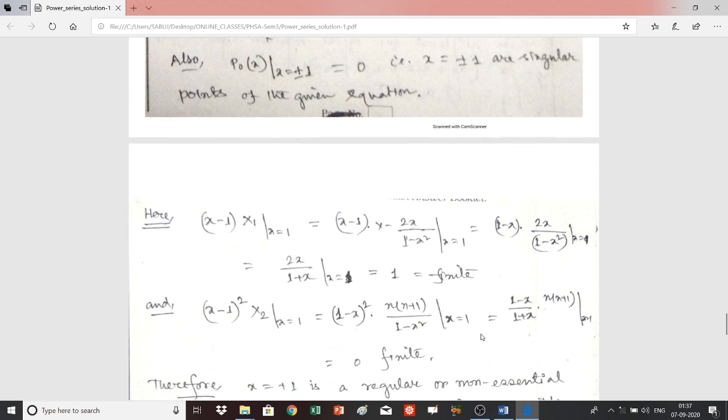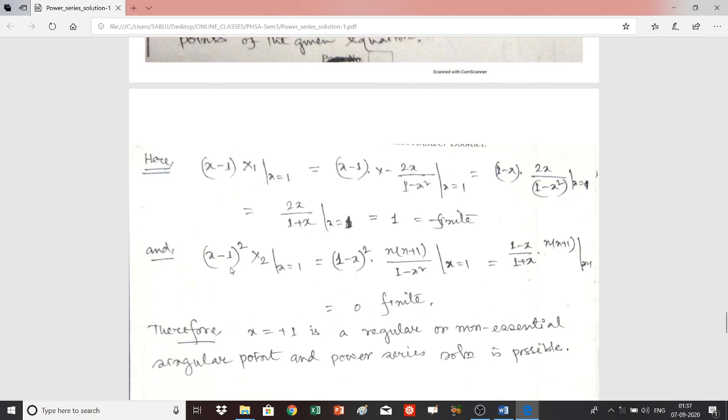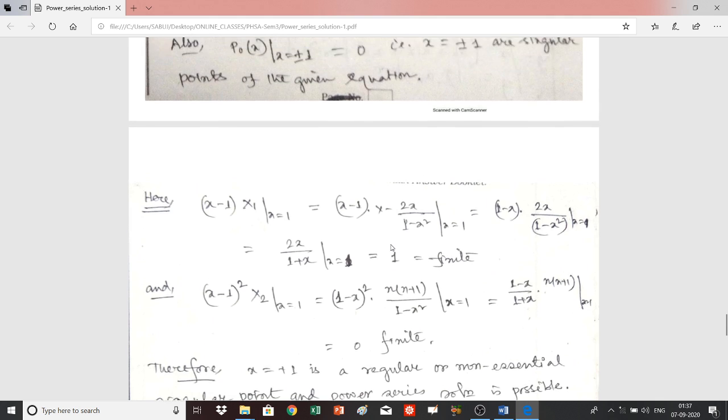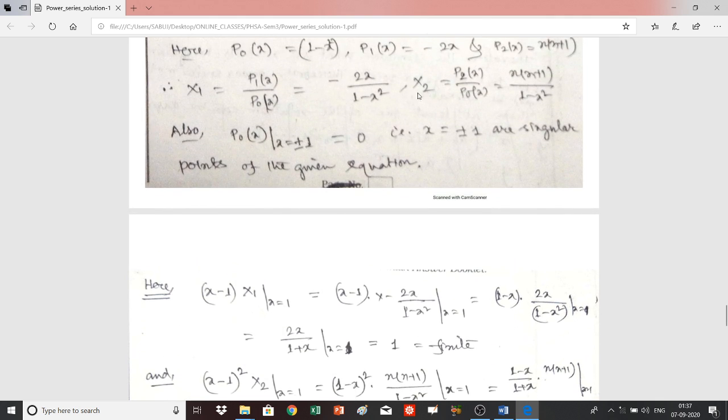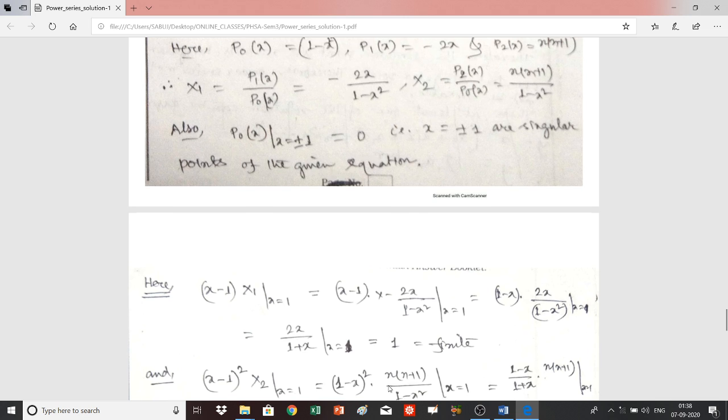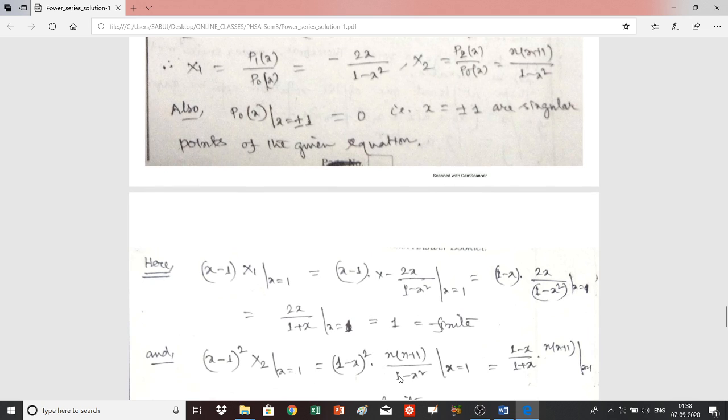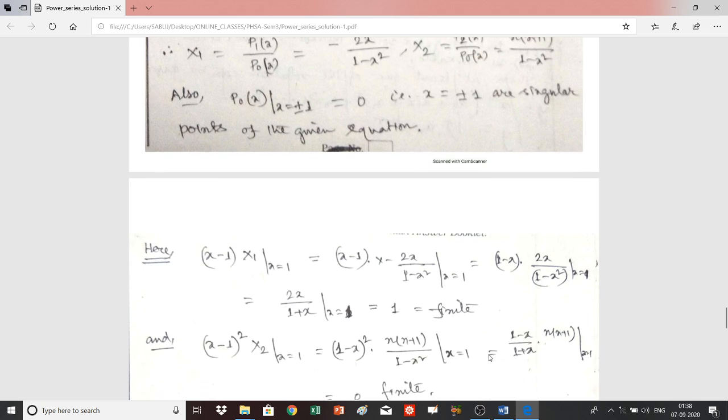Now come to the second term, that is (x minus 1) whole squared into X2 at x equal to 1. That is equal to, it can be written as (1 minus x) whole squared into the value, substitute the value of X2, which was n into (n plus 1) by (1 minus x squared).